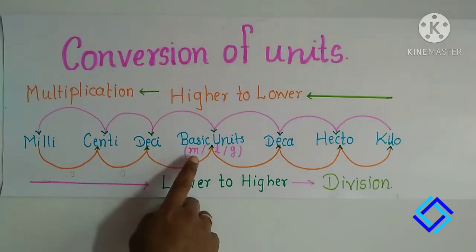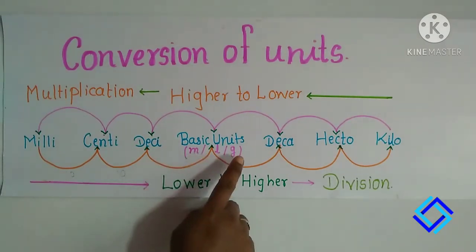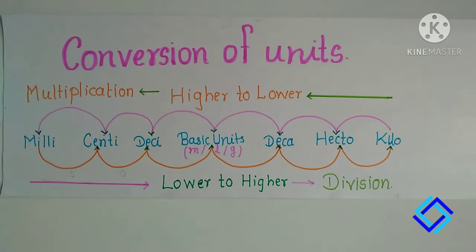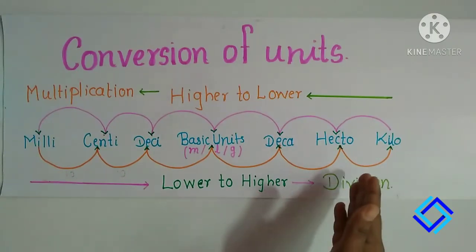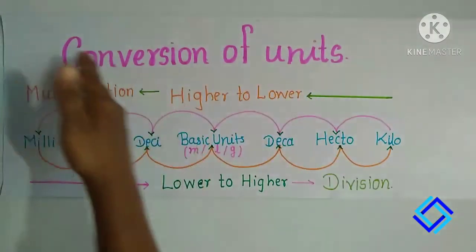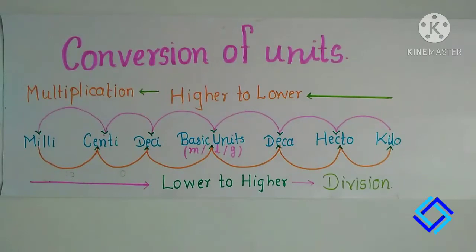Instead of liter, here meter and gram you can take. When we convert from lower unit to higher unit, we have to do division, and when we convert higher unit to lower unit, we have to do multiplication. So by which number we have to multiply or divide, that will decide according to steps.